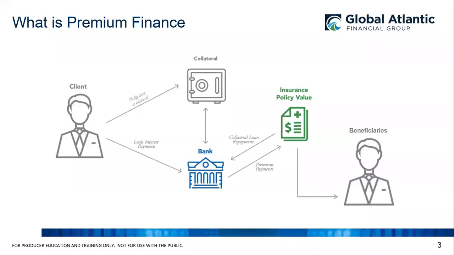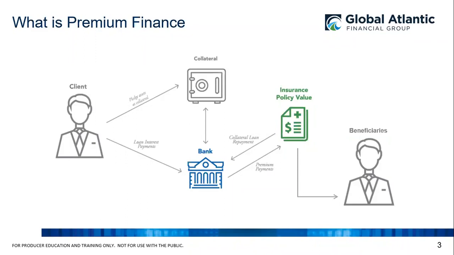Ultimately, what happens is when the client passes away, the net death benefit that goes to the beneficiary of the policy is the amount of the policy, and typically we design these policies with an increasing face amount so that the death benefit of the policy minus what we pay back to the lender is pretty close to what the original face amount of the policy is.